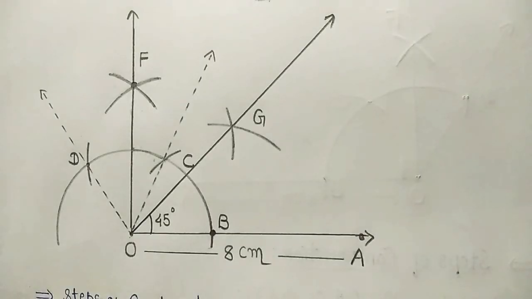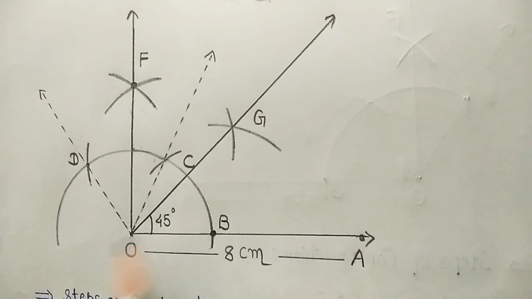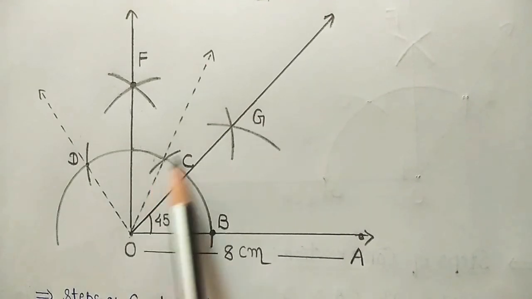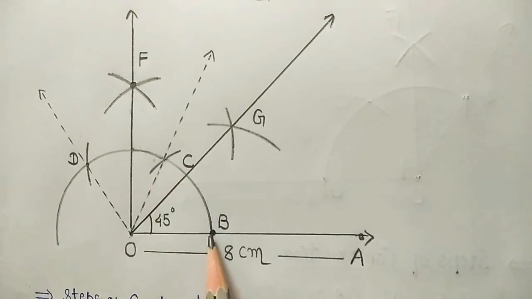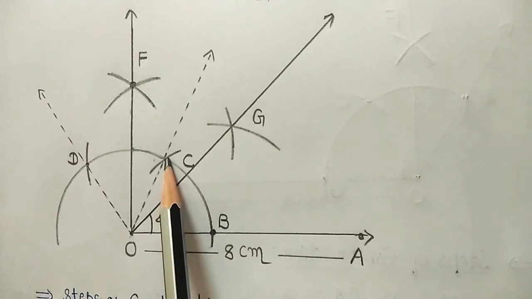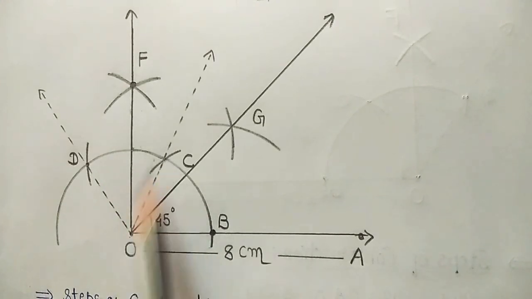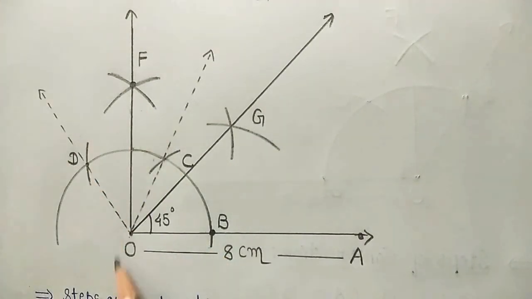Now we have to justify it. As we have done justification for the 90 degree angle, the same way, right? In this angle we have kept B as center and drawn the semicircle arc. So keeping B as center, we have drawn arc C. So angle BOC is 60 degree. Angle COD will be 60 degree and we have drawn half of it, right?